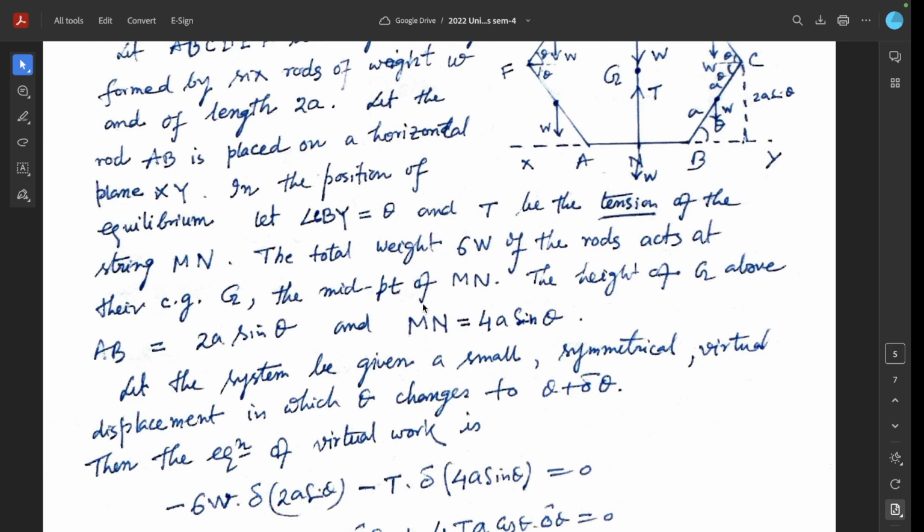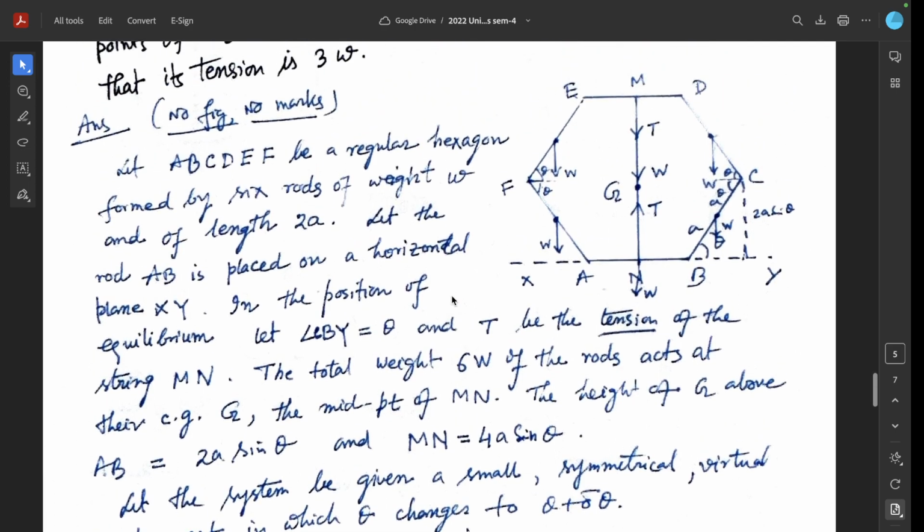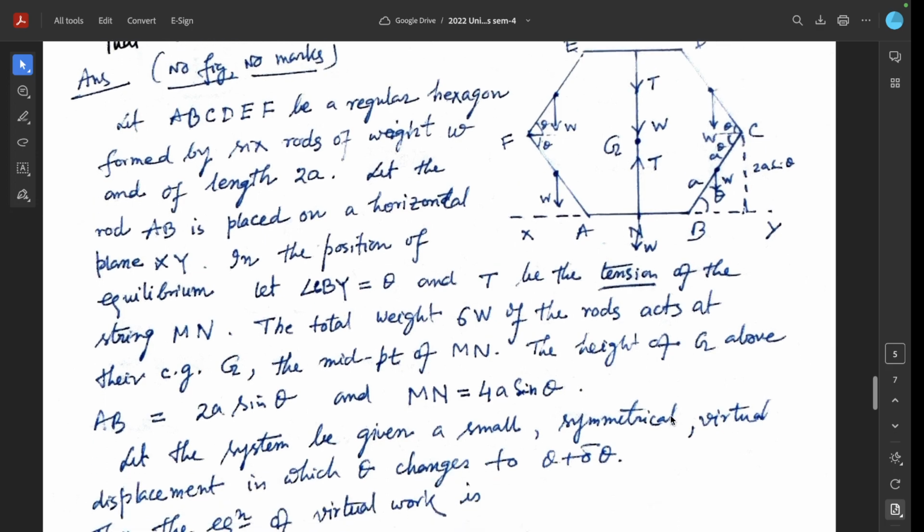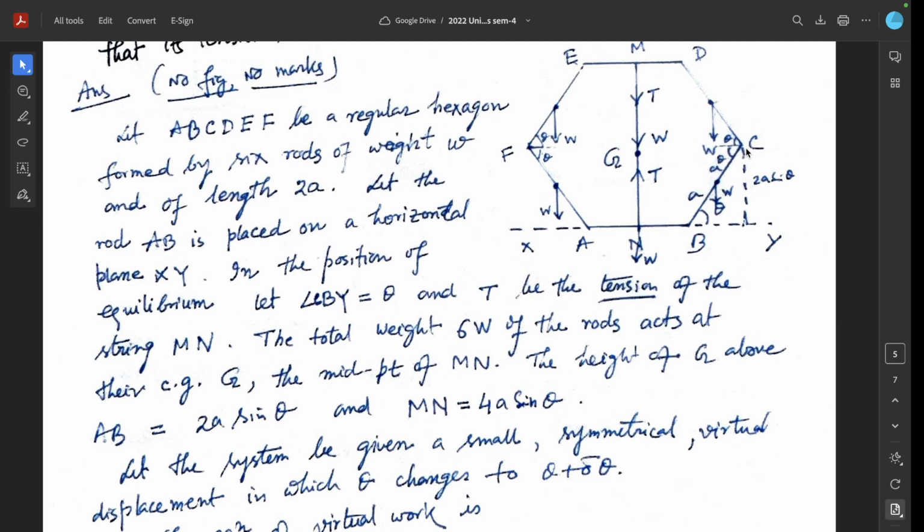G is the midpoint of MN, and the height of G above the horizontal line XY is NG. This is equal to 2a sin theta, because the length CB is 2a and this angle is theta.